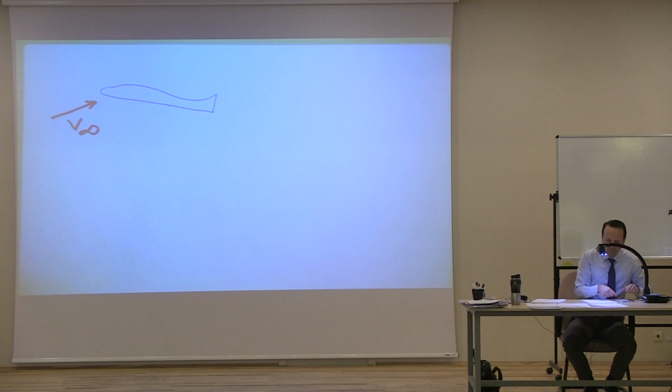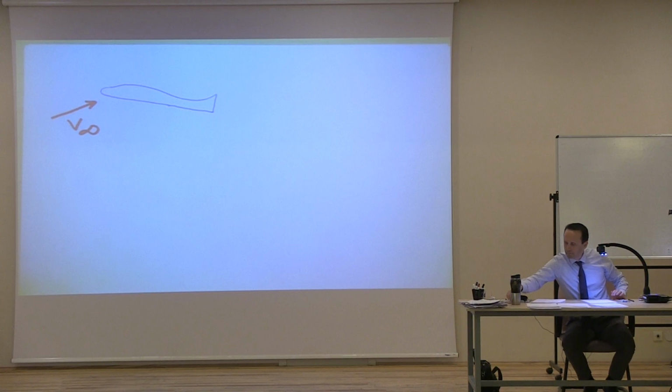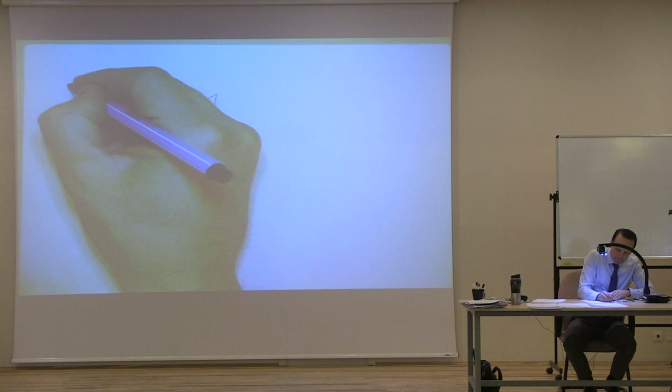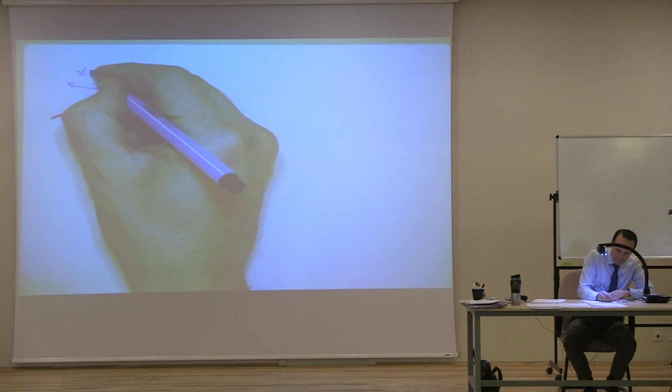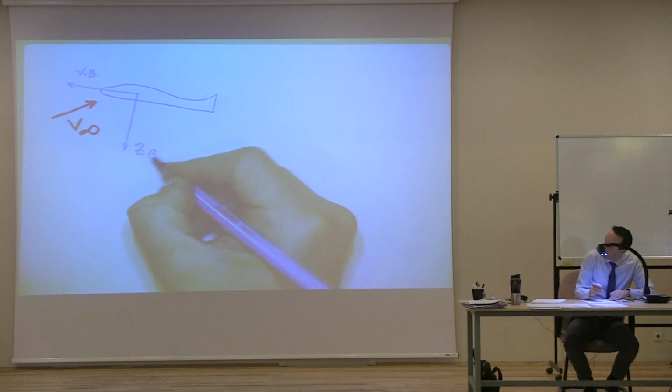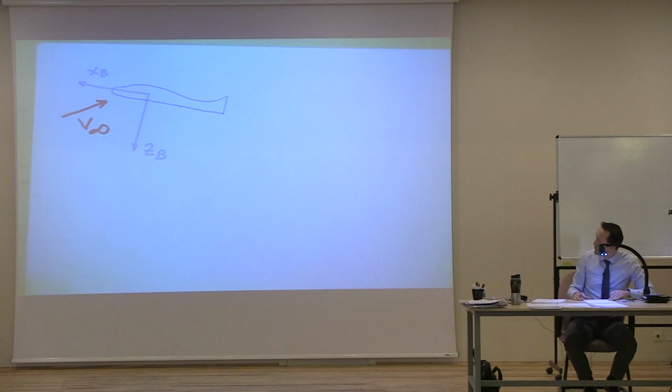Okay? So X body is like that. This is X body. And therefore this is Y body, and Z body. Okay? V infinity is coming from here.